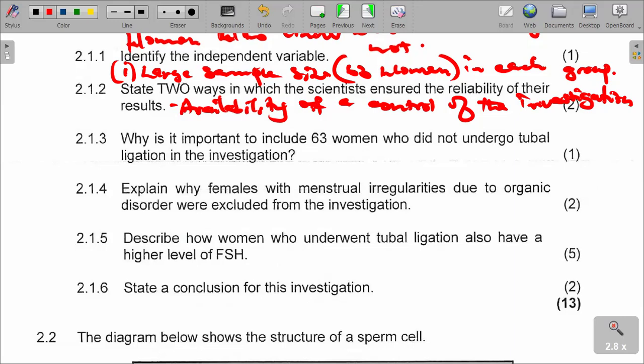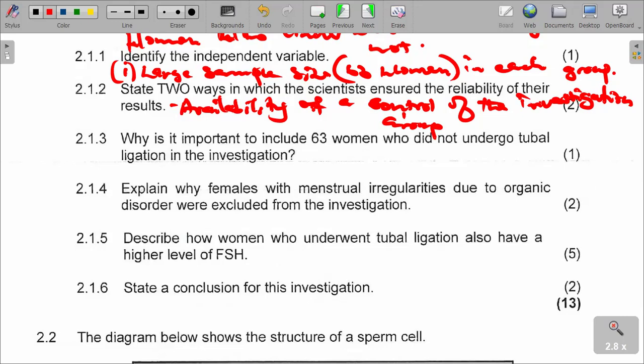It said that a control group was set up. The control group of the women who did not undergo litigation is also one other answer that we need to understand.